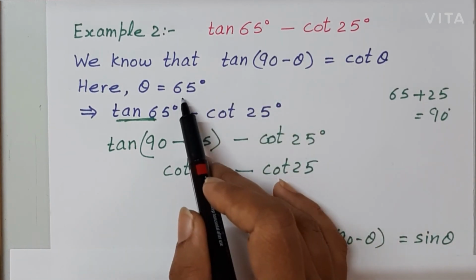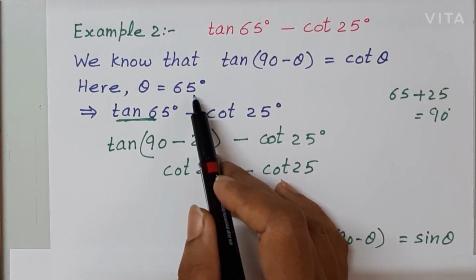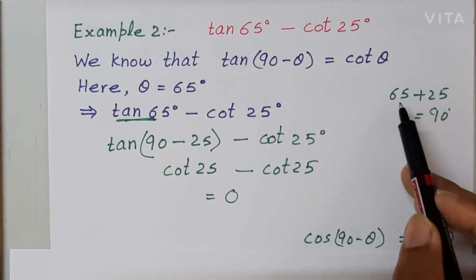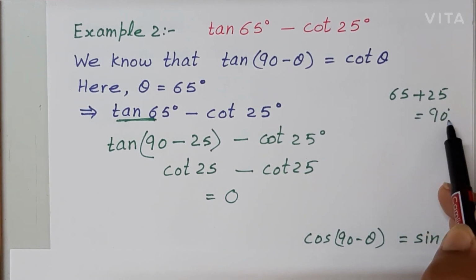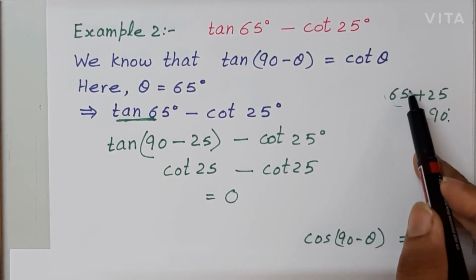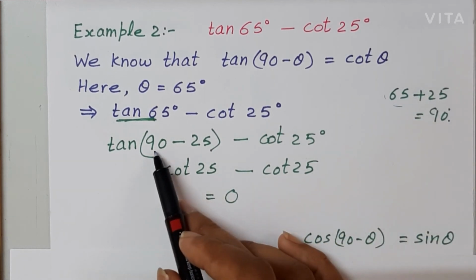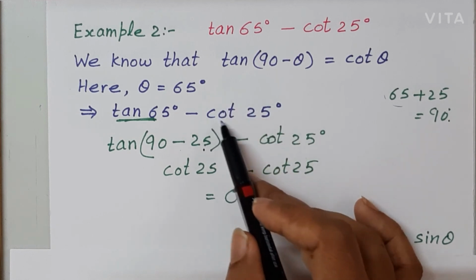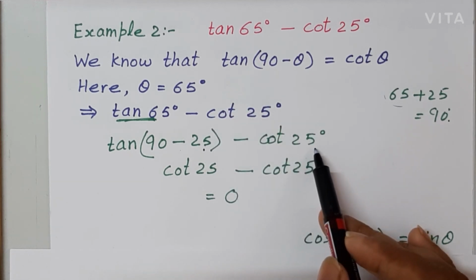Clear? Now what is 65? 65 is 90 minus 25. We know that 65 plus 25 is 90. So instead of 65, I can easily write this as 90 minus 25. And we'll keep this cot 25 degree as it is.